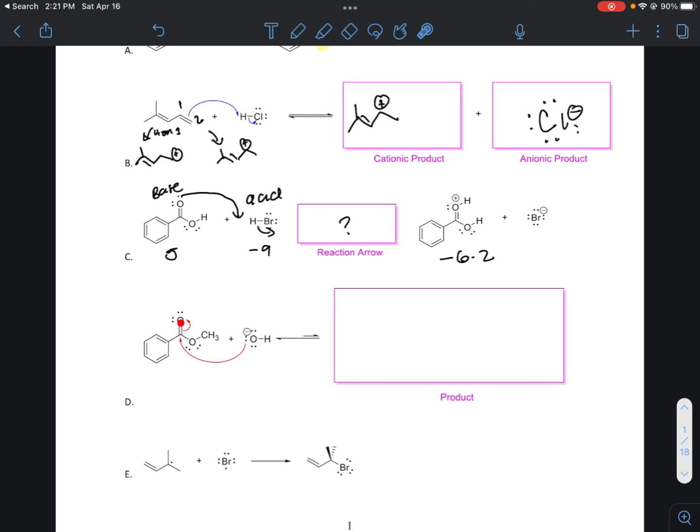At the same time, we're going to use one of the double bonds, the 2 electrons, and put it on the oxygen. So now let's see what we have. We will get this as our product.